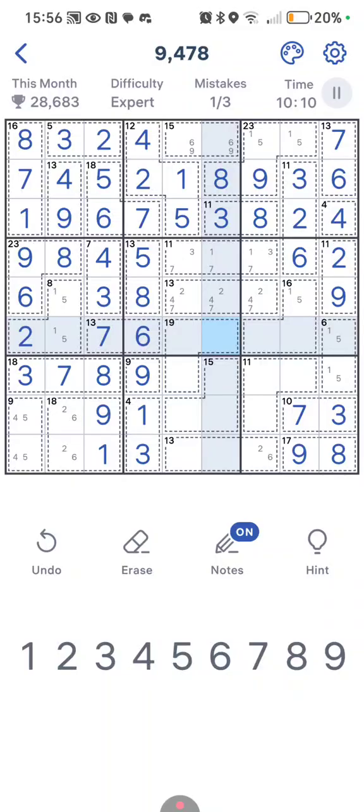That can't be 1. This is 1, this is 19. You can't have 1s in a 19. So that has to be 1. Okay. 2.